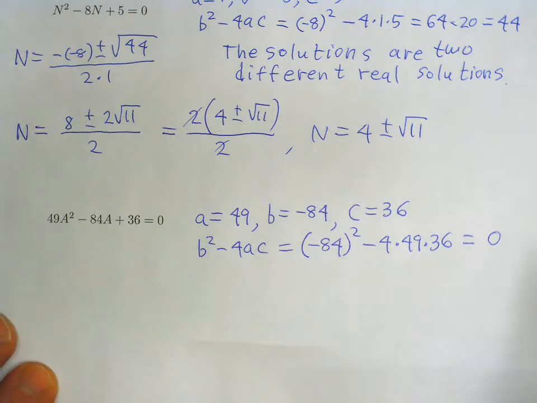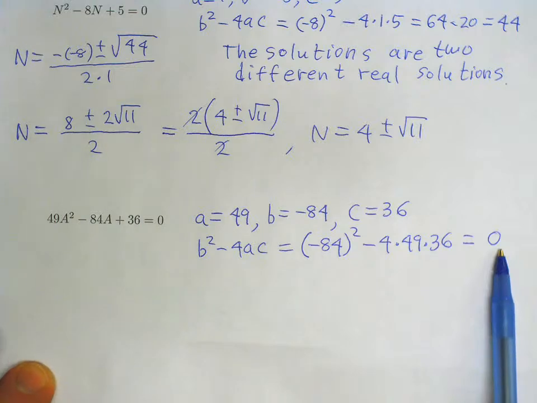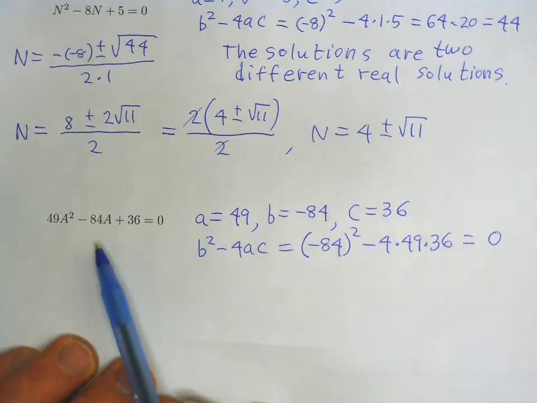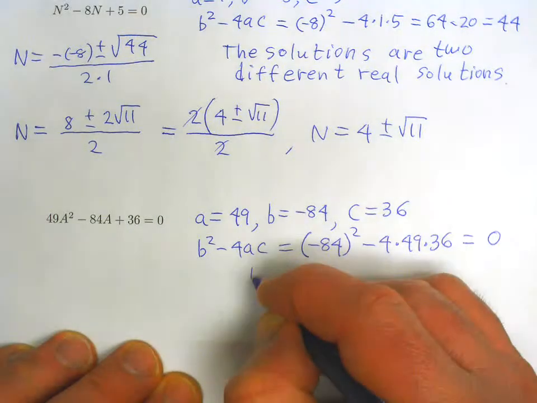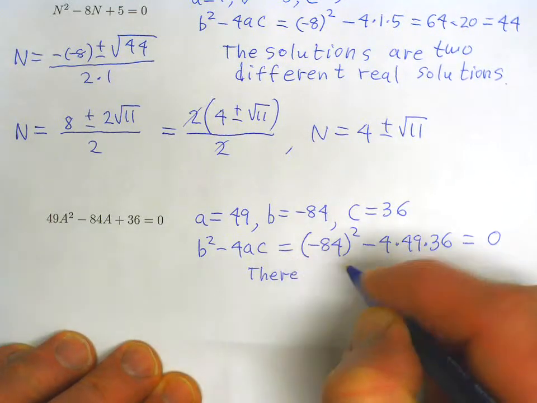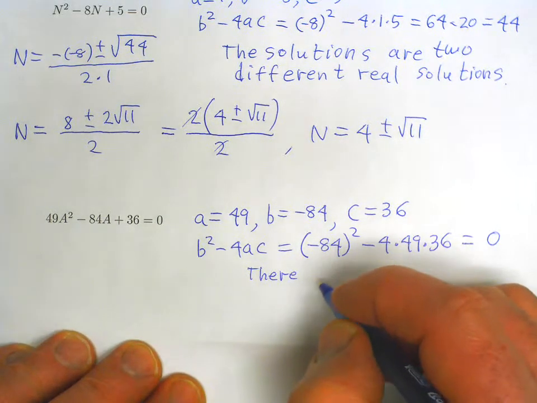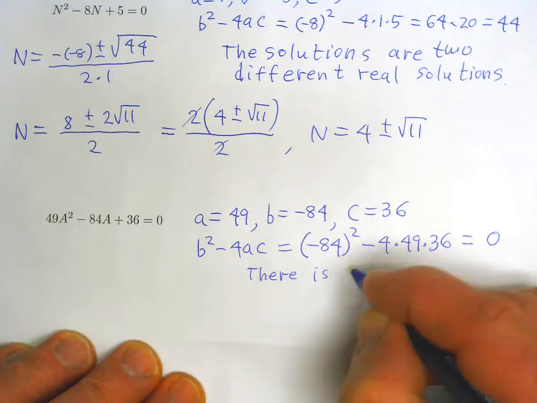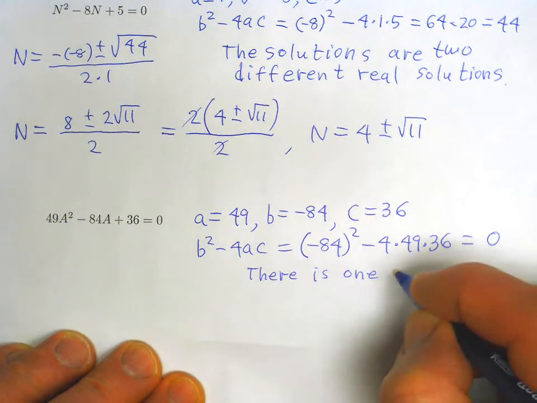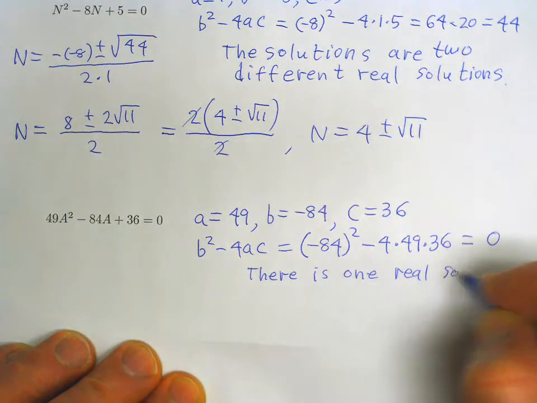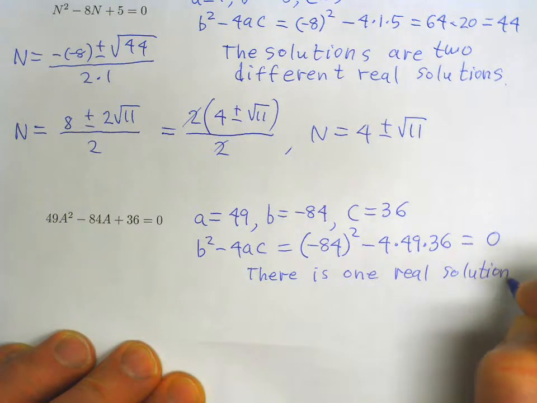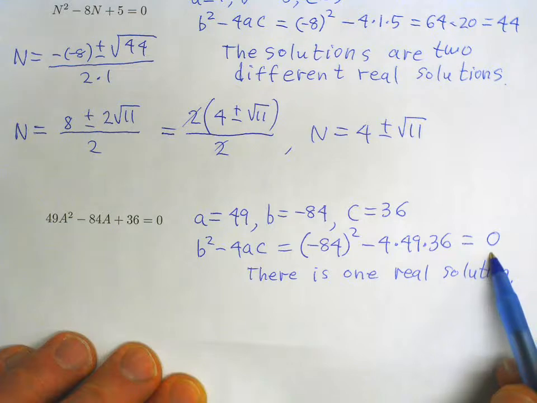Okay, the discriminant is 0. So that means there's one repeated real solution. So there's just one solution, but we call it repeated. There is one real valued solution, because the square root of 0 is just 0.